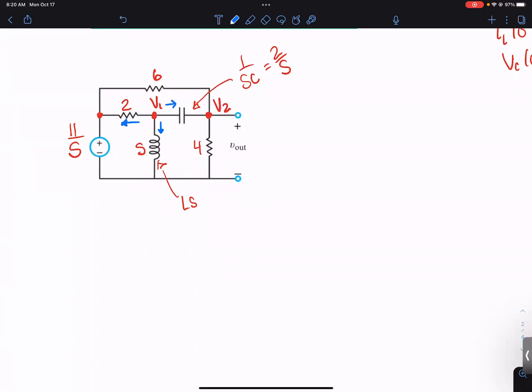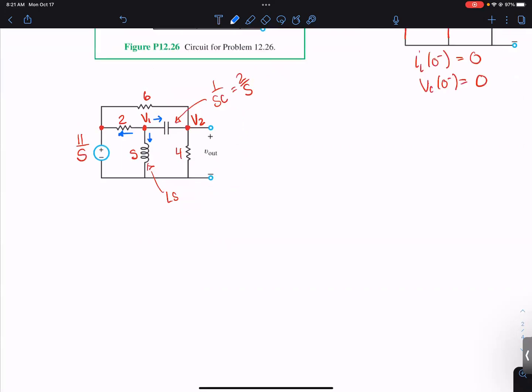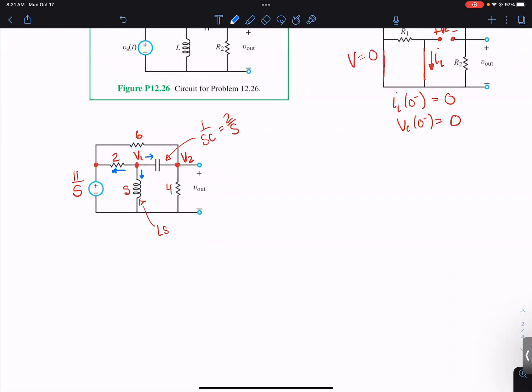So the one going through the 2 ohm is going to be what? So when I have the arrow, I start at the positive side and I subtract off anything on the negative side. So that's going to start with V1.